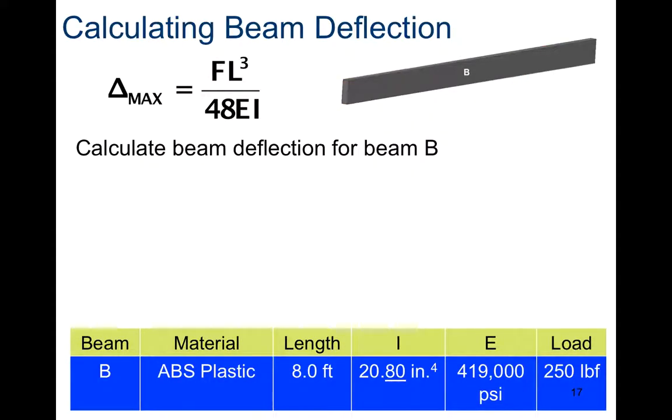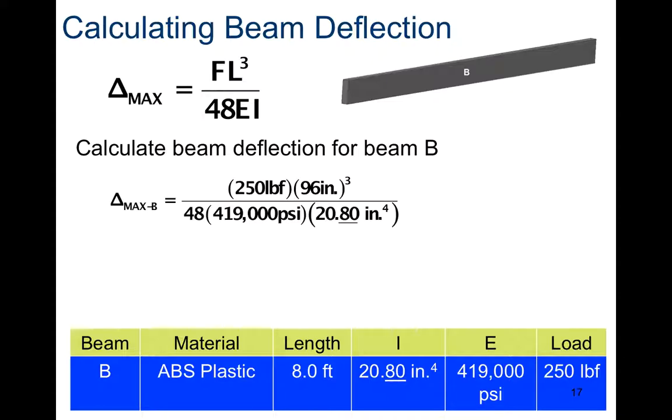Okay, now let's calculate the beam deflection for this beam here. For the ABS plastic, the only difference is that the modulus of elasticity is much, much smaller, 419,000 psi. Everything else is the same. Plugging those numbers in, we should get 0.53 inches, so over half an inch of deflection, even in the joist position.